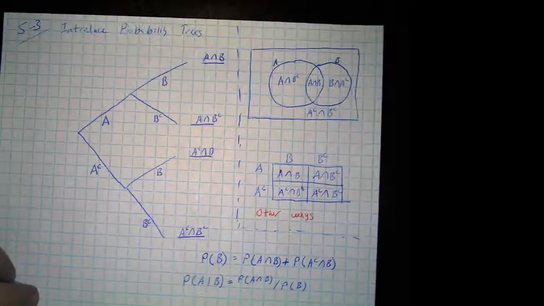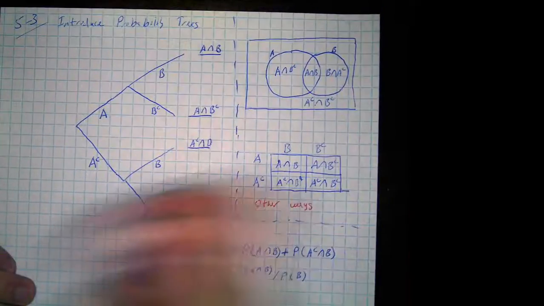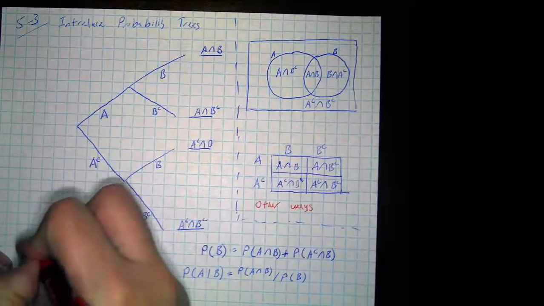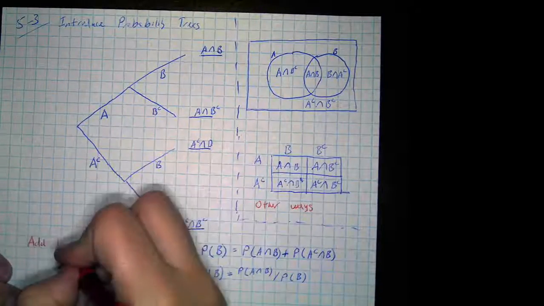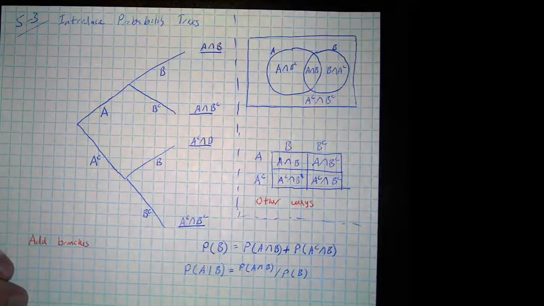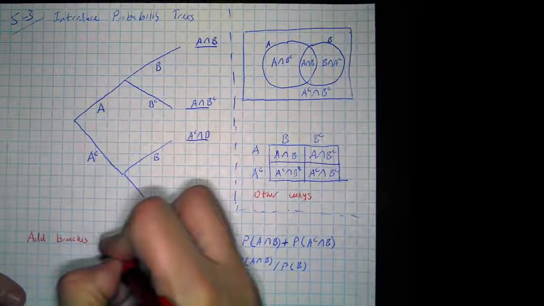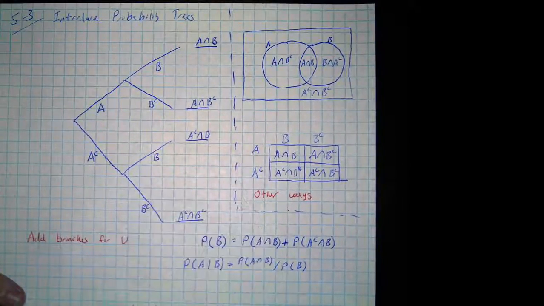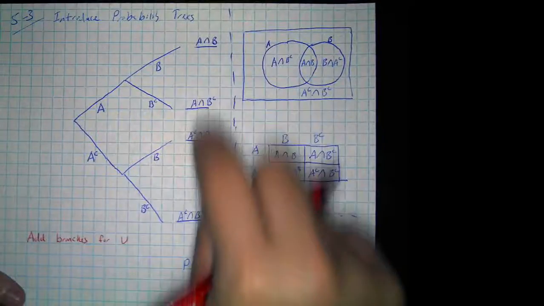Okay, general rule of thumb. We're going to add the branches for our ors. Like the branches of the tree. We're going to add our branches. So we're going to add these pieces.